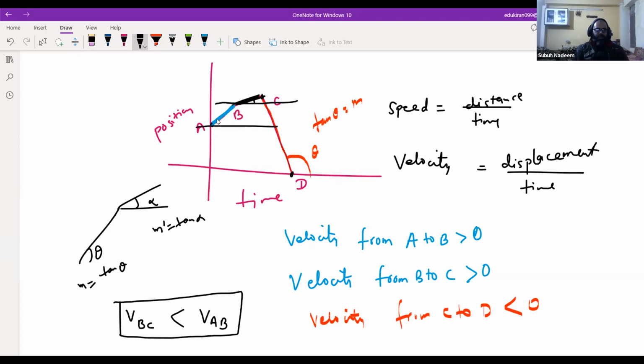In common English, if a hill has greater slope, it is more steep. If a hill has less slope, it is less steep. If it is a negative slope, you are going down the hill. If it is a positive slope, you are climbing up the hill.